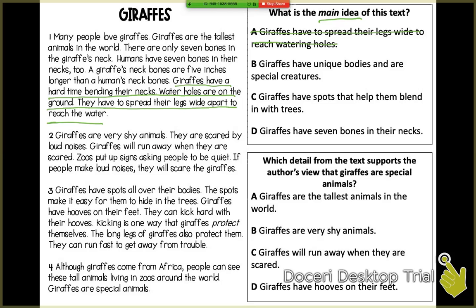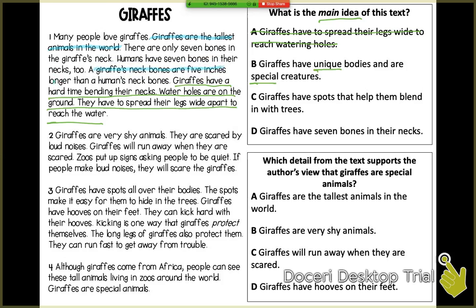All right, B says giraffes have unique bodies and are special creatures. Well, what does that word unique mean? Unique and special both kind of actually mean the same thing. Unique means like kind of unusual, not real normal, kind of unexpected. So let's think about this. Do they have unique bodies? Absolutely. They're the tallest. Let me go back to my highlighter actually. They're the tallest animals in the world.